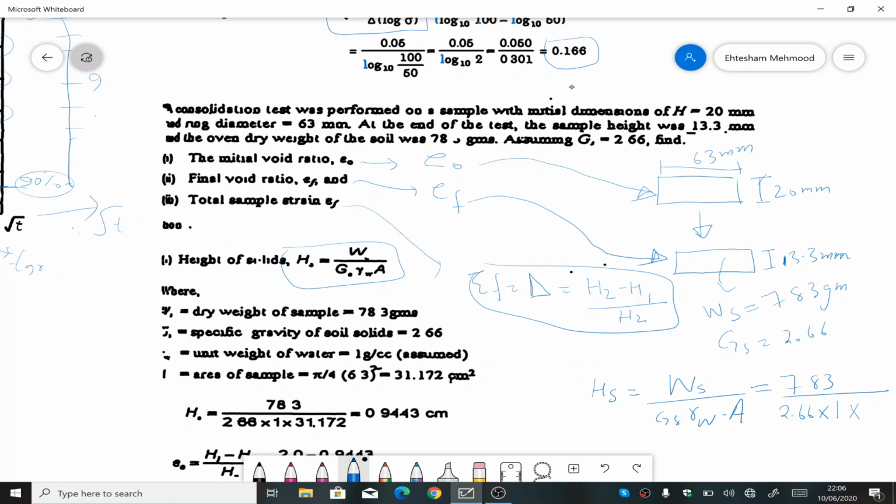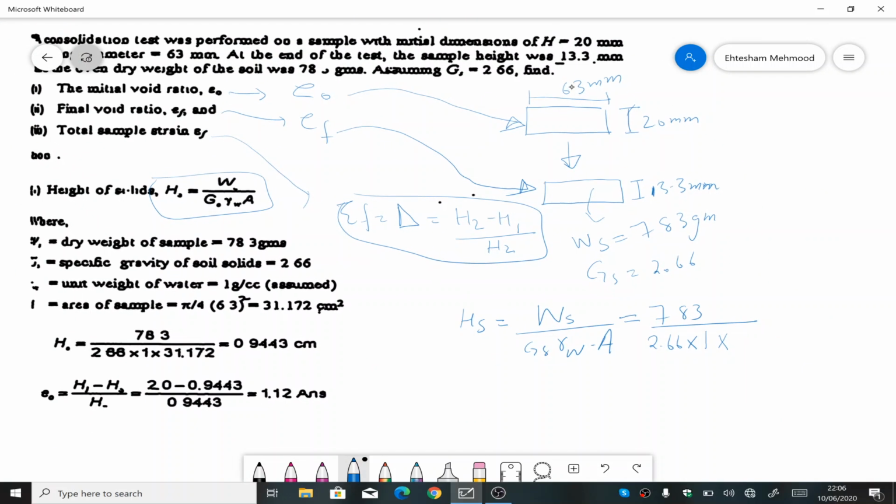The area of the specimen is pi by 4 d square, and d was 63 millimeters, so it gave me a value of 31.172 centimeter square.